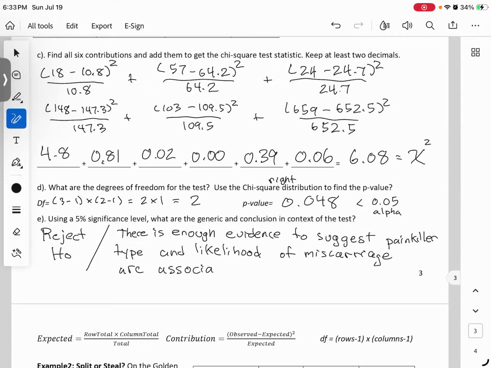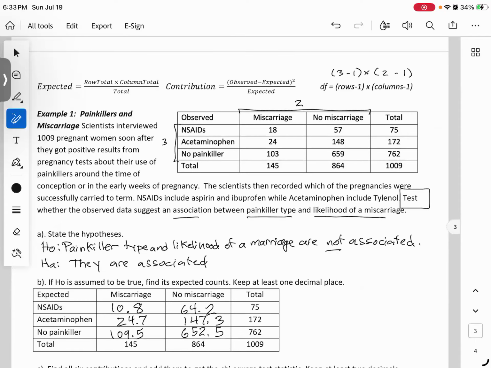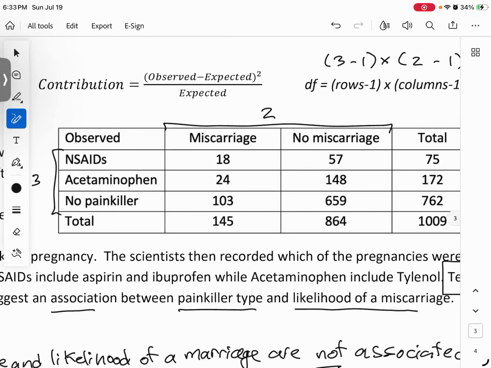The only thing that the conclusion is not telling us is which group. If there is some sort of relationship, maybe if you're in the NSAIDs, you're going to have a higher proportion of miscarriages. It's not specifically telling us who.